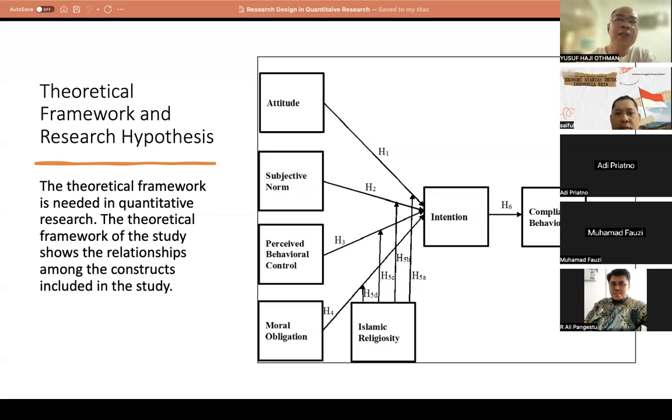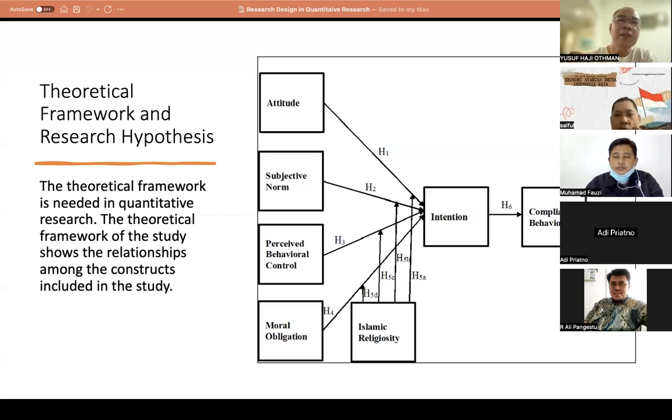Yeah, the theory means based on the previous studies. And two, based on the expectation. Expectation is based on the researchers' expectation of the influence of attitude on intention in the case of zakat payment. So two ways. One based on the theory, the other one based on expectation. So that's how we develop the research hypothesis.